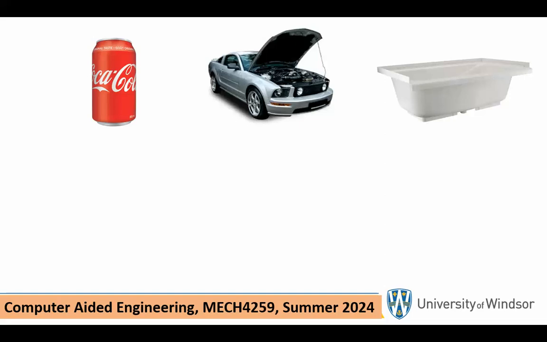If you have structures which are relatively thin, this is not quite the condition that you need, but you can always think about it in those terms. Thin in one direction when compared to the other two directions, such as a pop can, car bodies, like the trunk, the roof, etc., the hood.